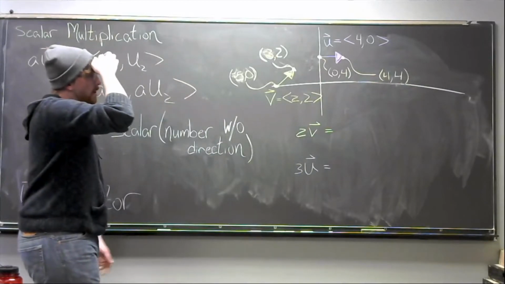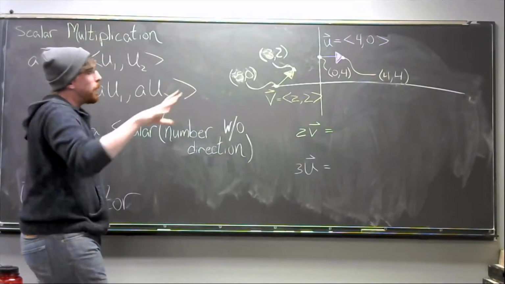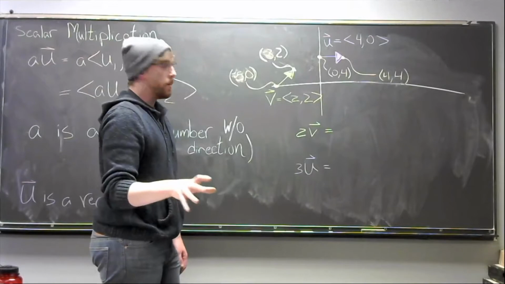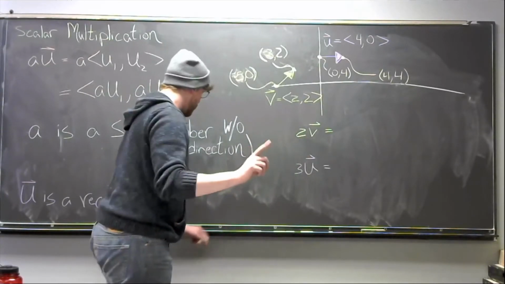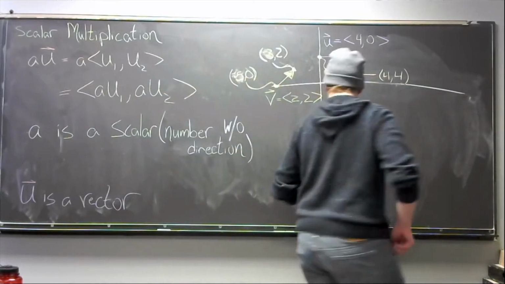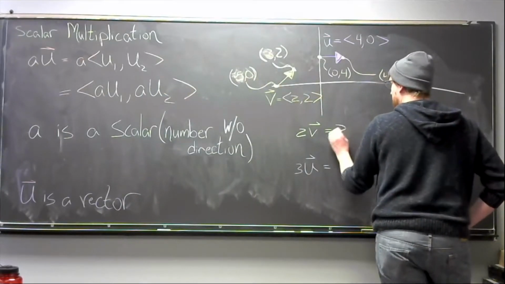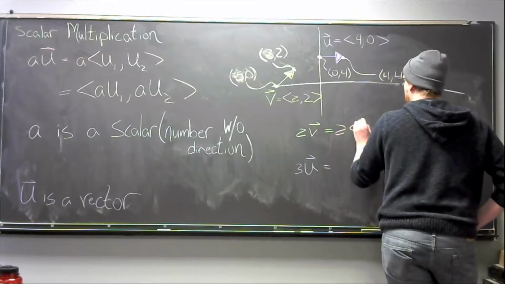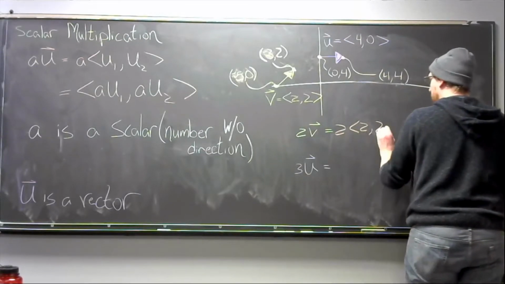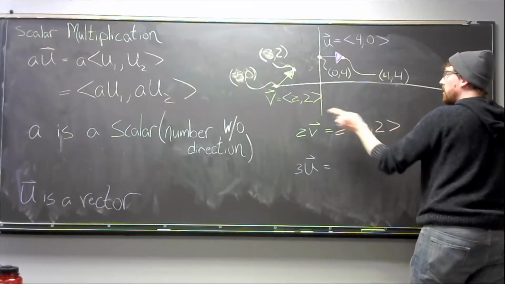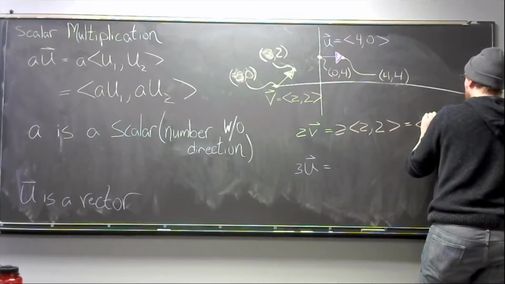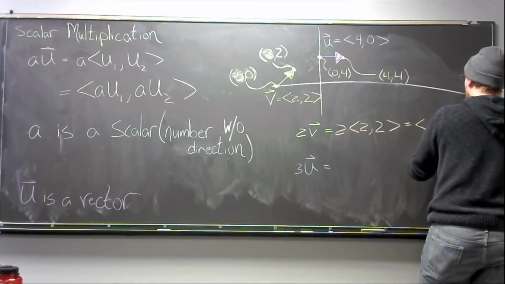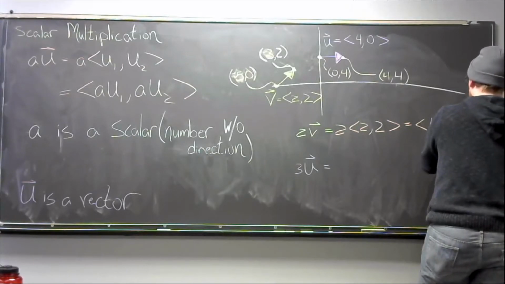Now, if we took the vector v and multiplied it by 2, what we would have is 2 times the vector 2, 2, which comes out to be the vector 4, 4.